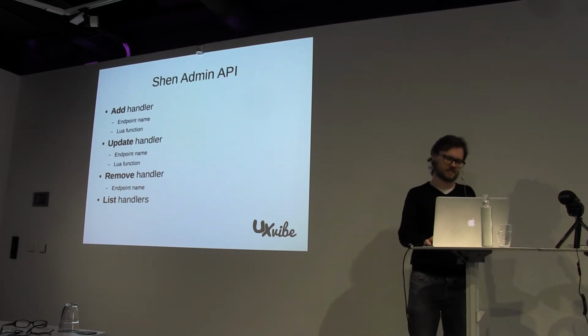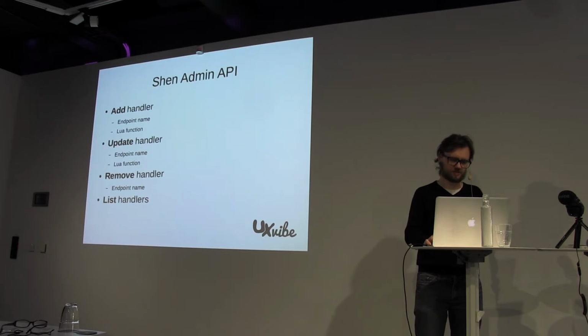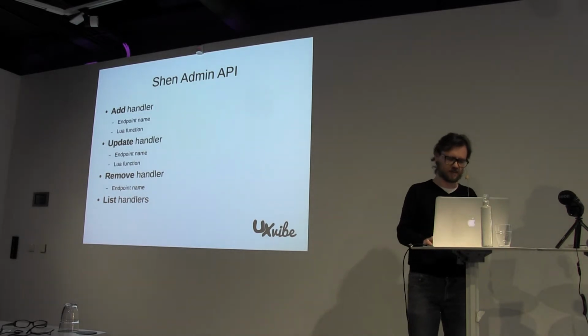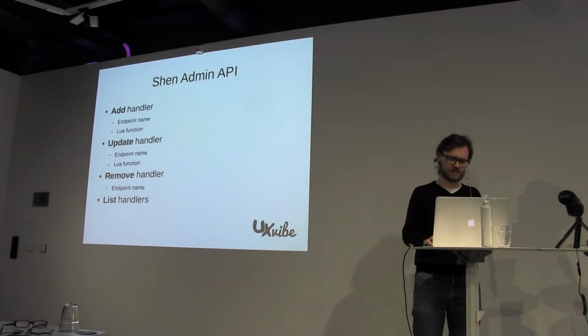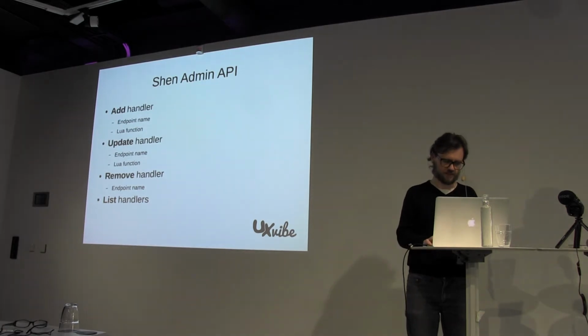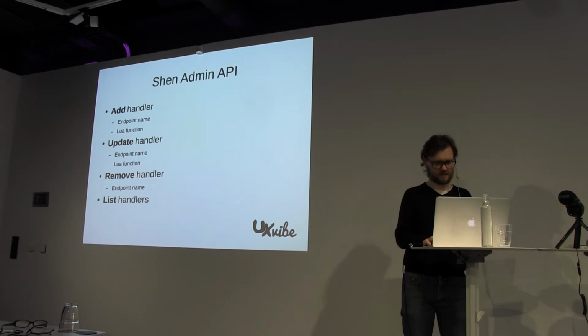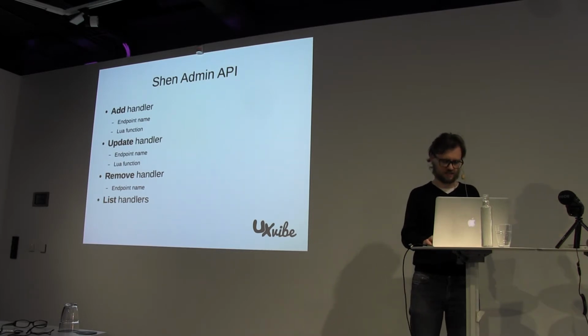You want to say that I want to add a new HTTP endpoint or API, say open chest. It should be called open chest, and when the HTTP request comes for opening a chest, it should run this Lua function. And you want to be able to update this handler, remove it, and also see which handlers exist in the system today.